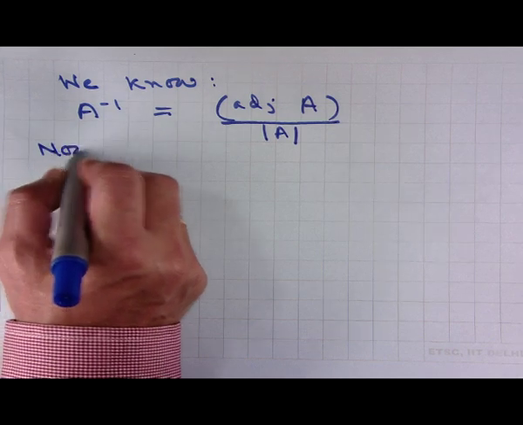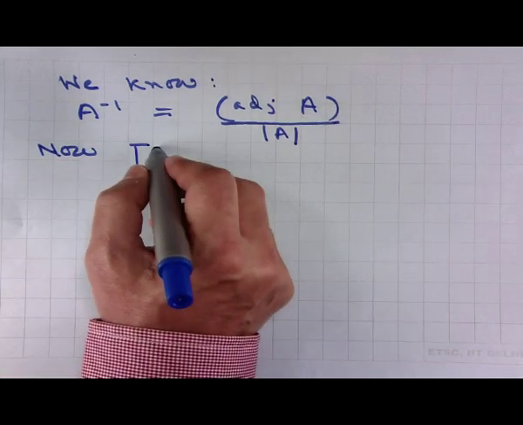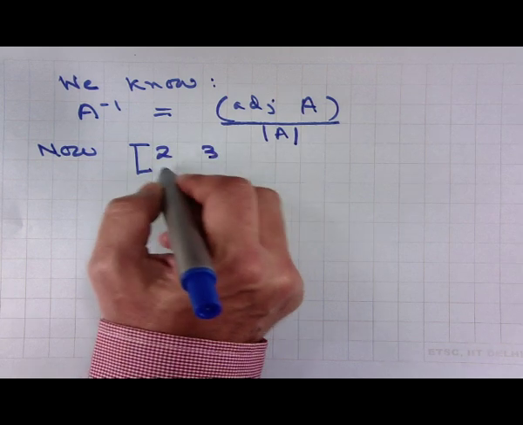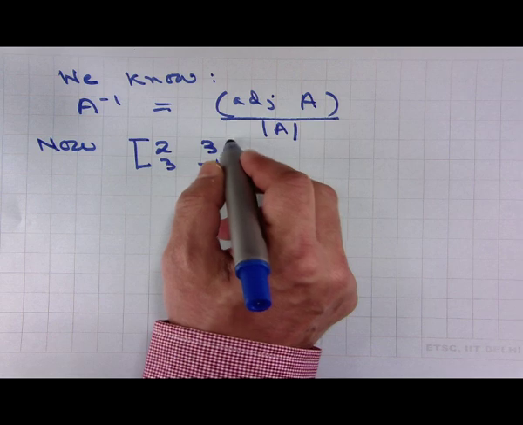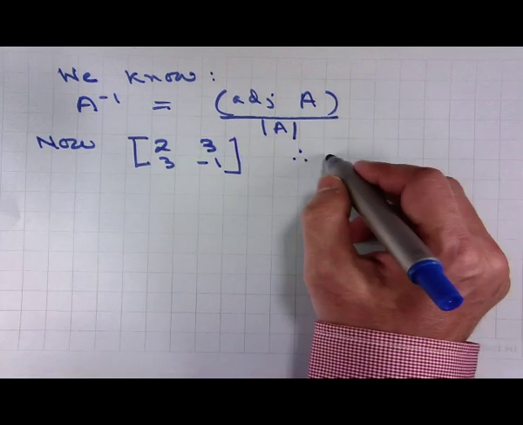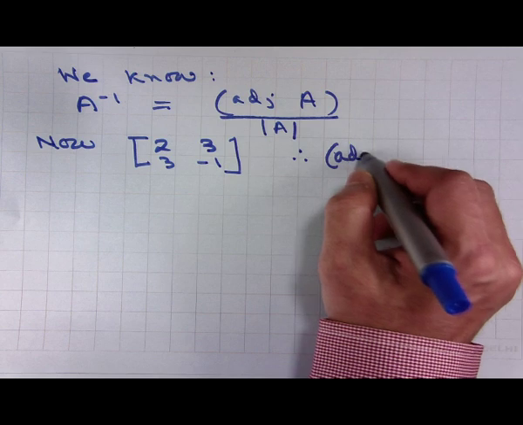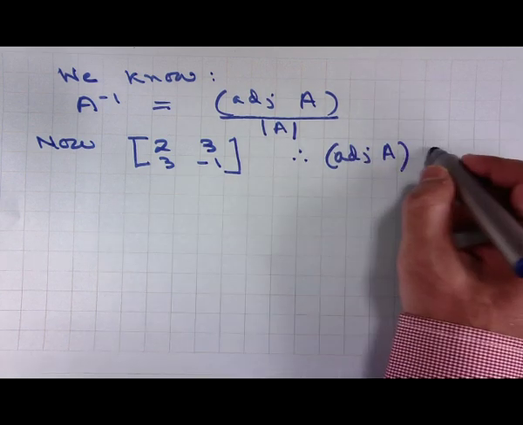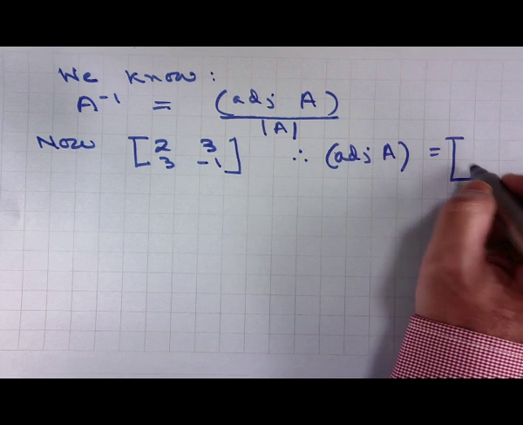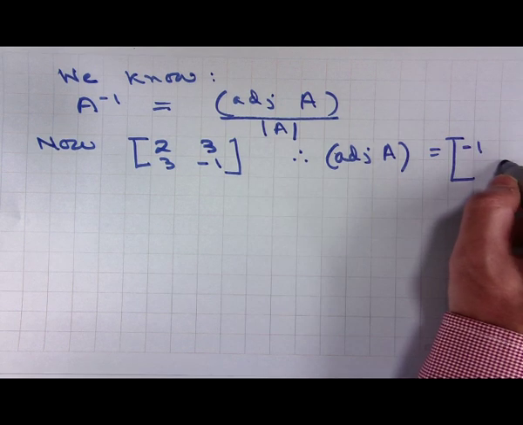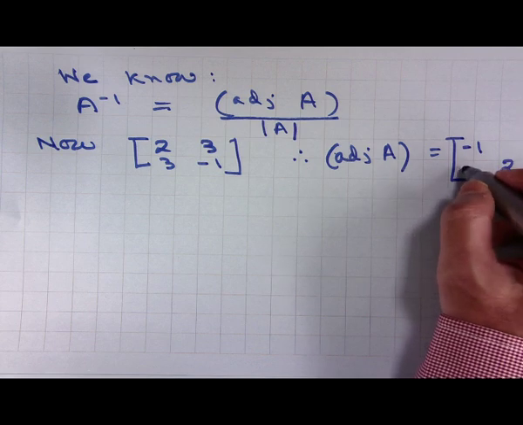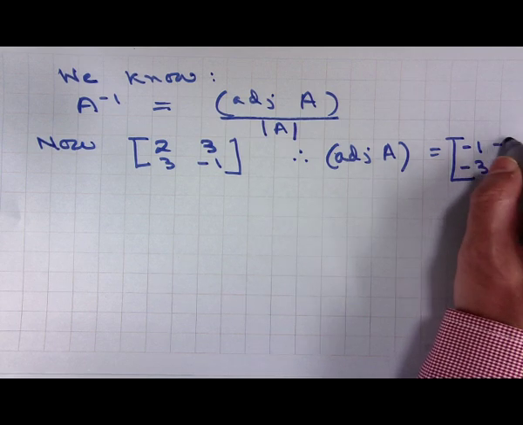Now, the matrix is [2 3; 3 −1]. Therefore, the adjoint of A is obtained as we know: we interchange the two diagonal elements and change the sign of the two off-diagonal elements.